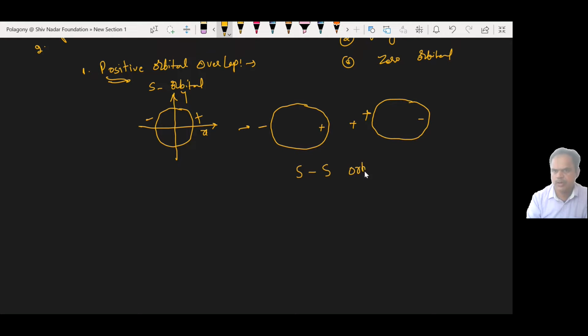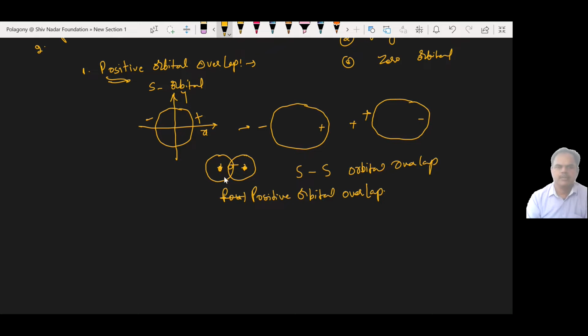This is end on end overlap, that is ss overlap, resulting in sigma bond formation. The nuclei lie on the internuclear axis, and the bond results here.